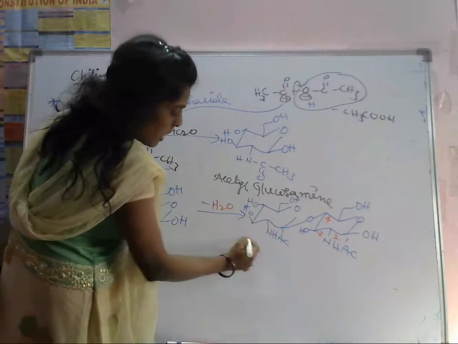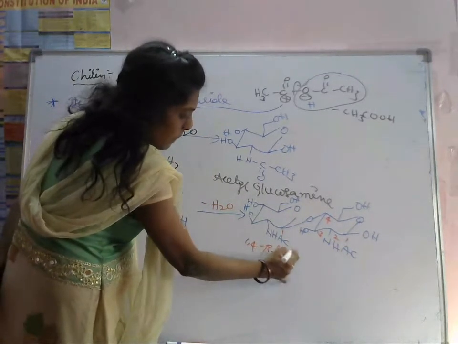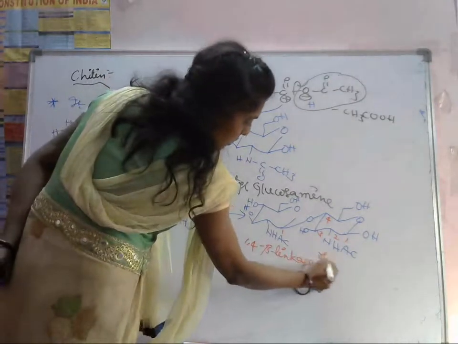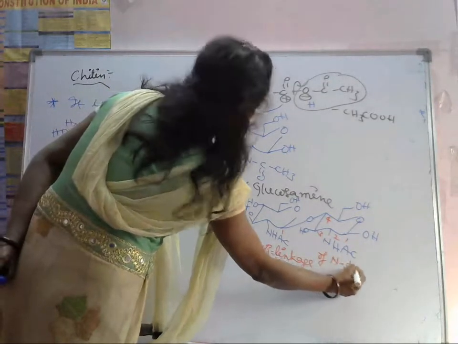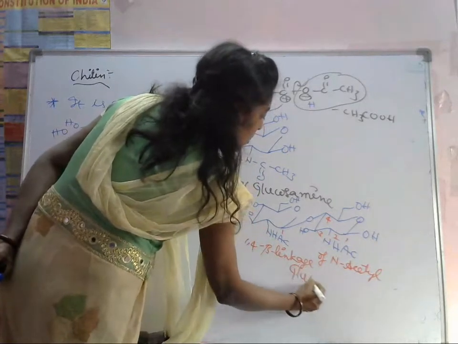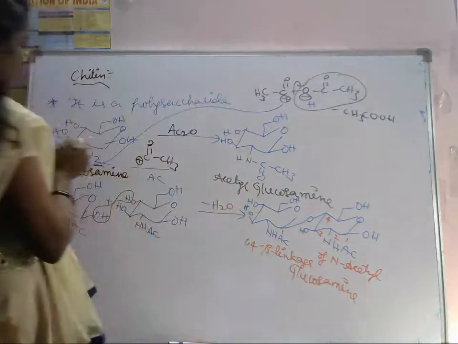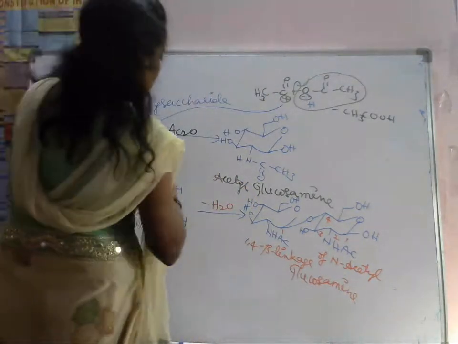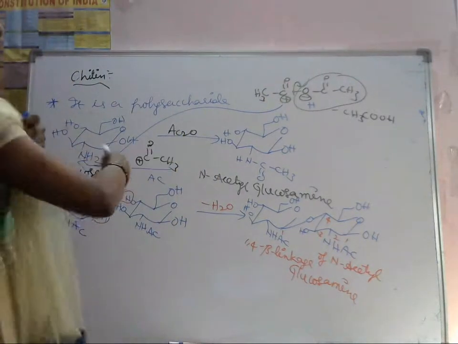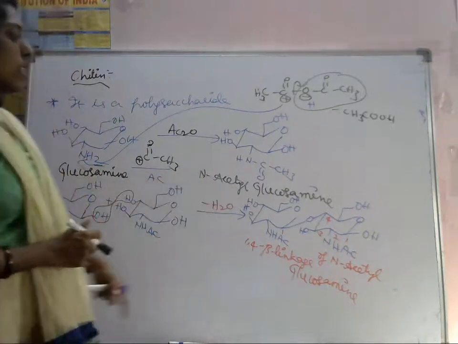So that's why it is called 1,4 beta linkage of N-acetyl glucosamine. This is N-acetyl glucosamine because we are replacing one of the hydrogens in the amine. So that's why it is called N-acetyl glucosamine.